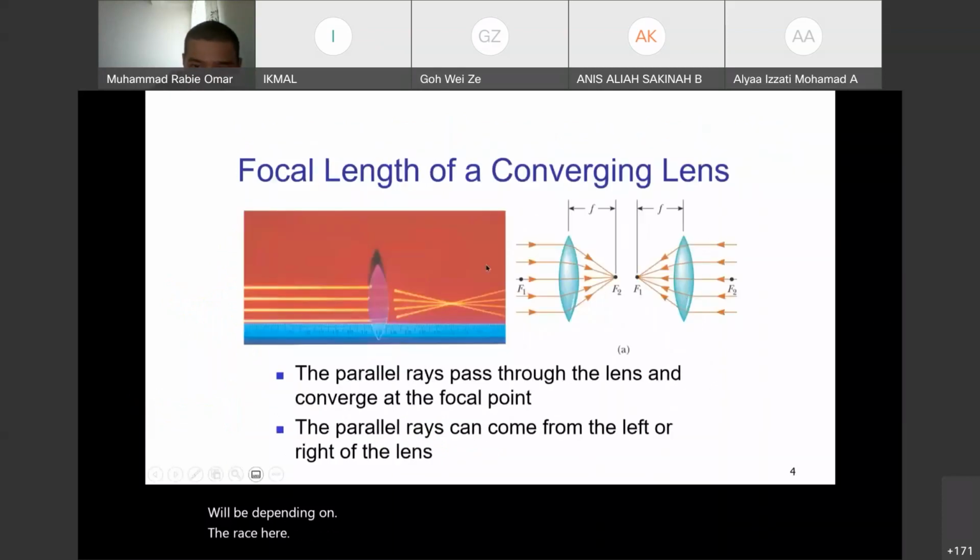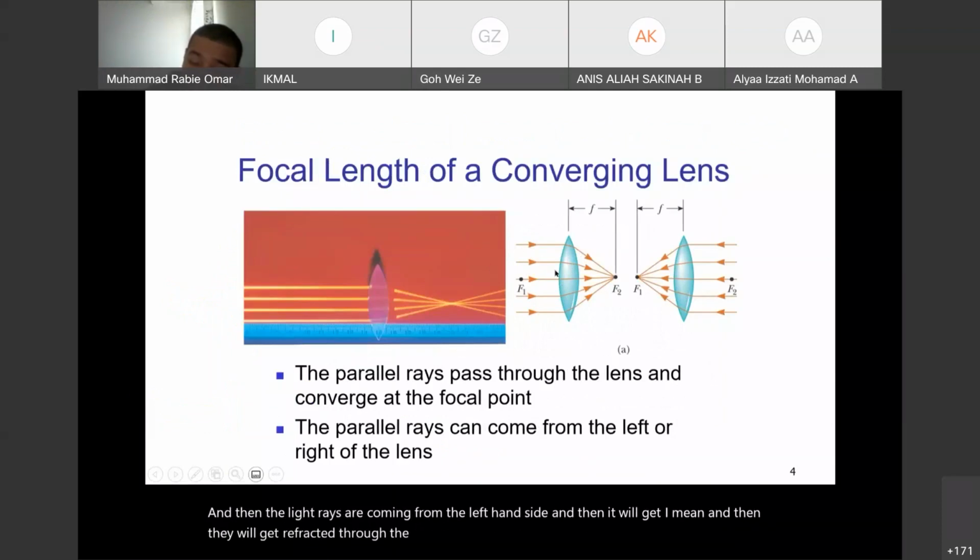For example, here I have a convergence lens. And then the light rays are coming from the left hand side, and they will get refracted by the glass, and then all of these rays will be converging at a single point.